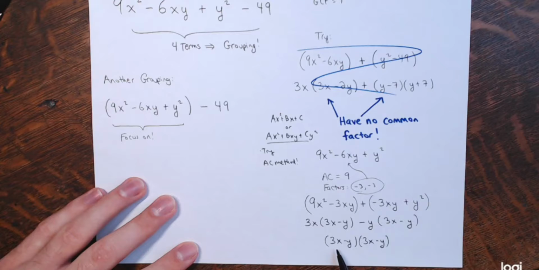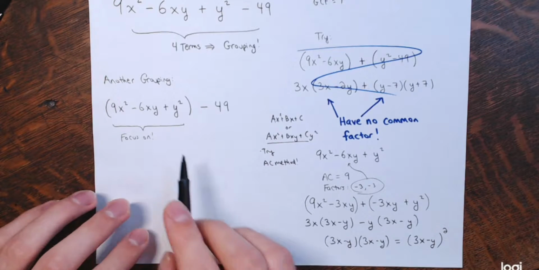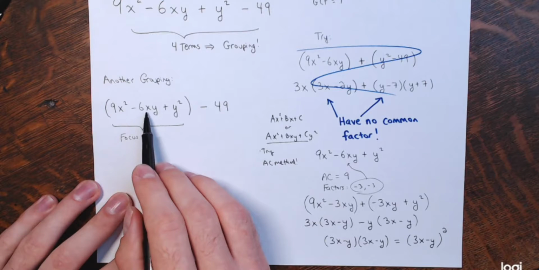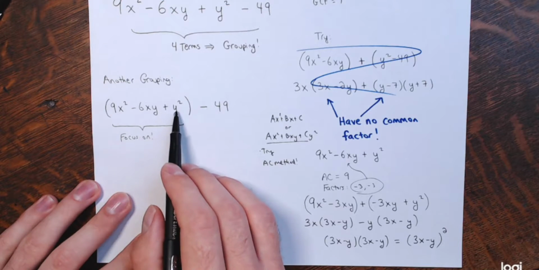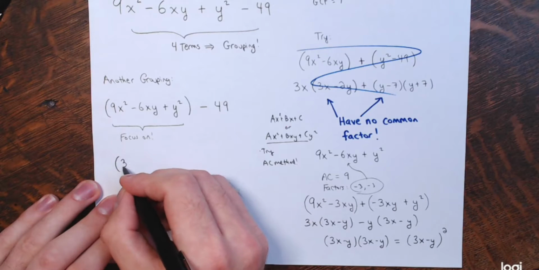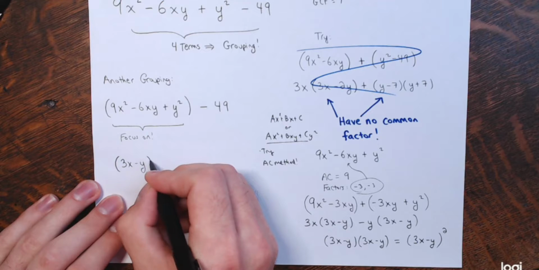But there's no need to write the same factor twice. It's 3x minus y times 3x minus y. So another way to write that would be the quantity 3x minus y to the second power. So this is a square. 9x squared minus 6xy plus y squared is a square. It is the quantity 3x minus y to the second.